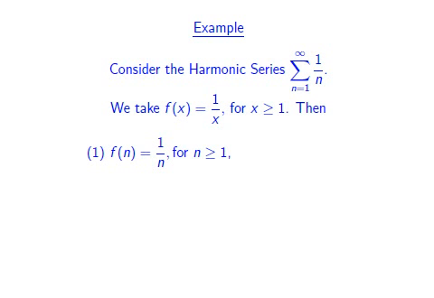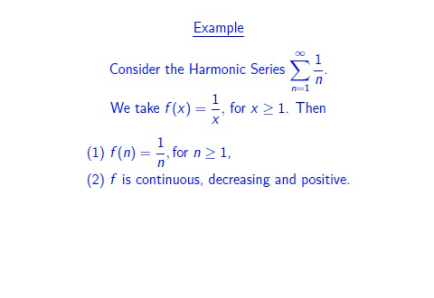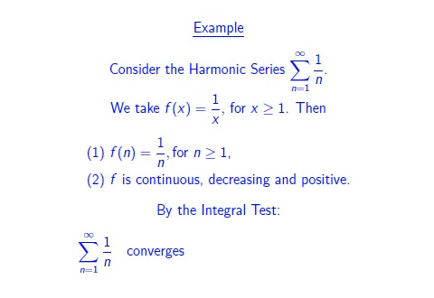Furthermore, it is well known that the function 1 over x is continuous. One can easily check that it is decreasing, and finally it is clearly positive. Now, by the integral test, we know that the series taken over the sequence 1 over n converges if and only if the integral taken over the function 1 over x converges. So in order to understand the harmonic series, it is enough to understand this integral.